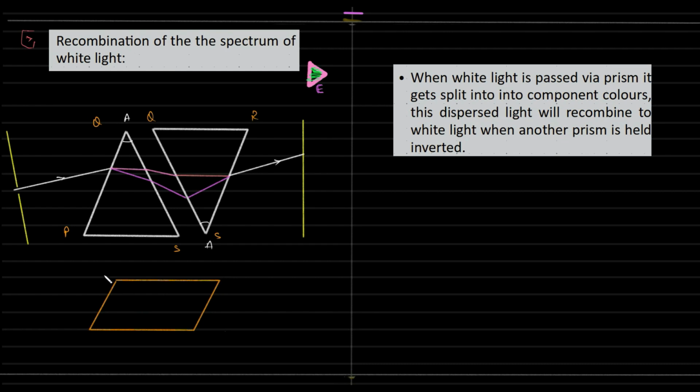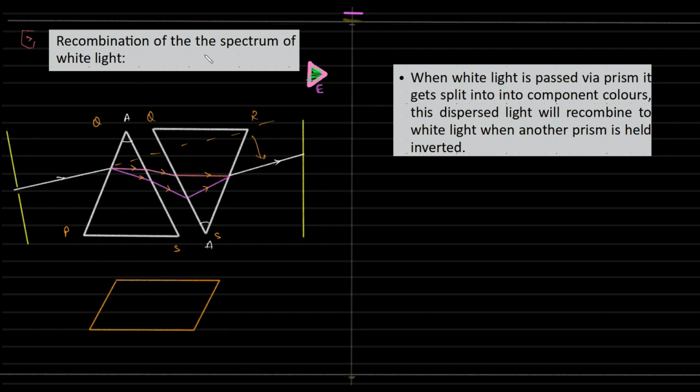So how we saw in our glass slab experiment, wherein we had a shift, right? Lateral shift. The same thing is happening over here. Okay, so white light entered and white light came out. And this is your entire picture.